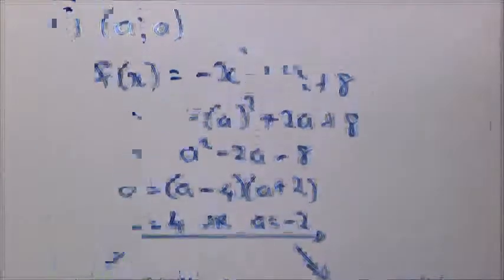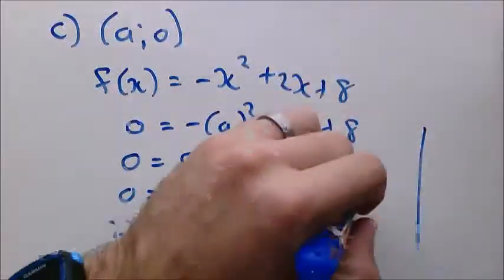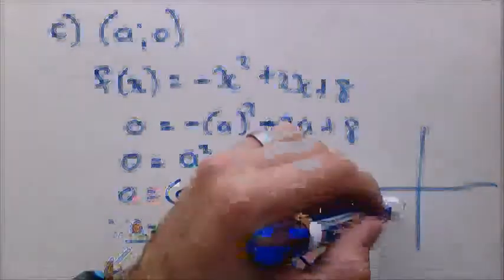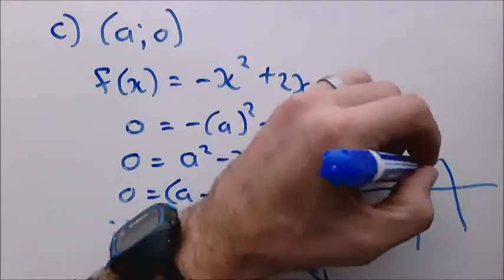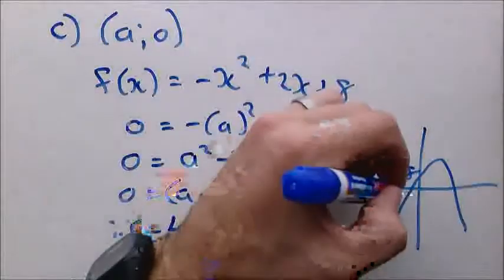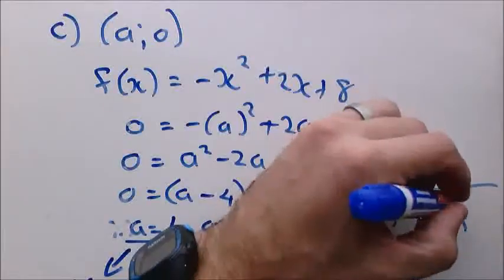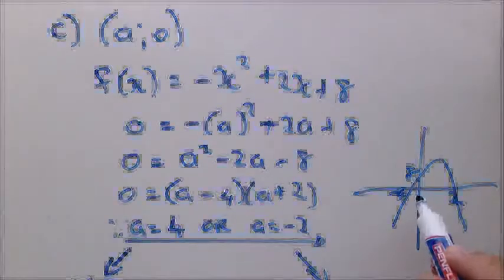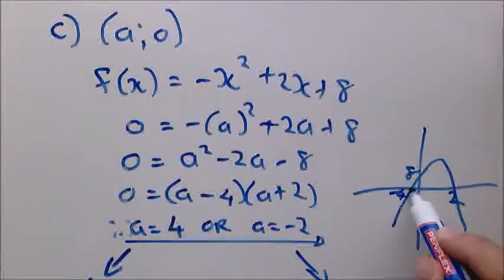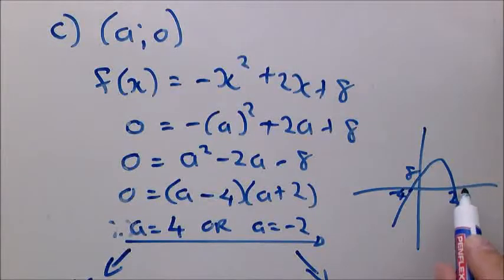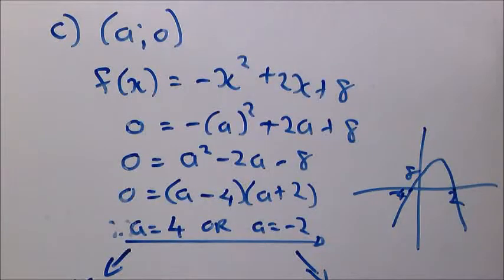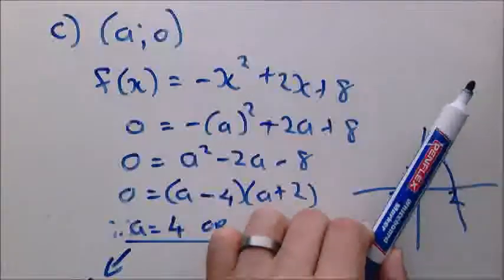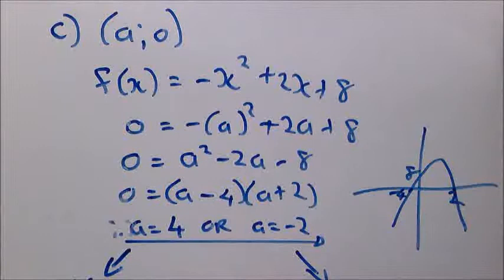So if you want to have a little graph, it looks like that, right? And that's 8, and this is negative 2 and 4. So at that point the gradient is equal to 6, and at that point the gradient is equal to negative 6. And remember, a tangent's gradient is always the same as the graph at the point where it touches it. Okay, so keep that in mind.